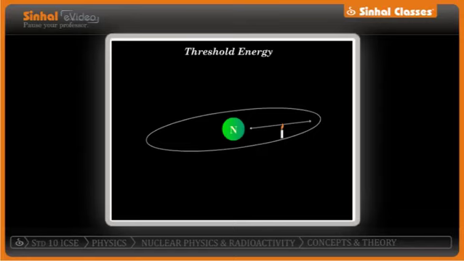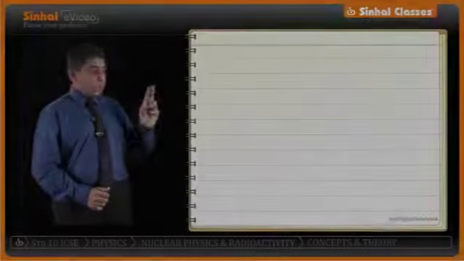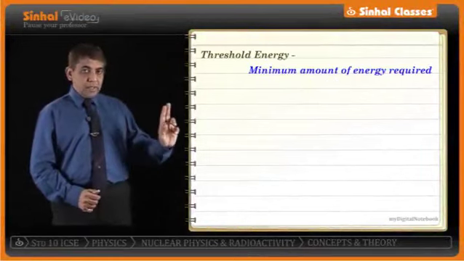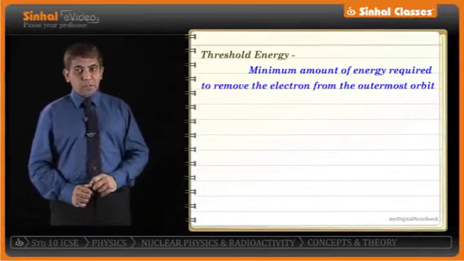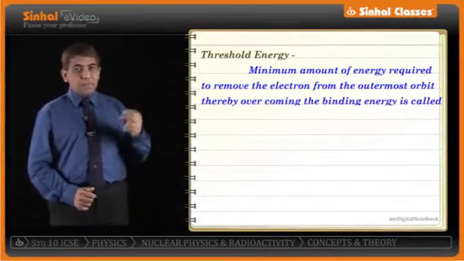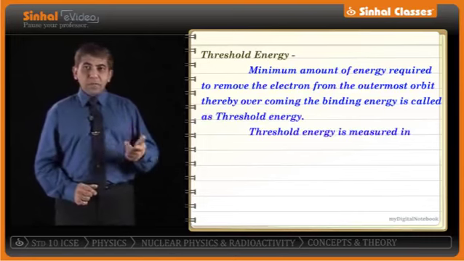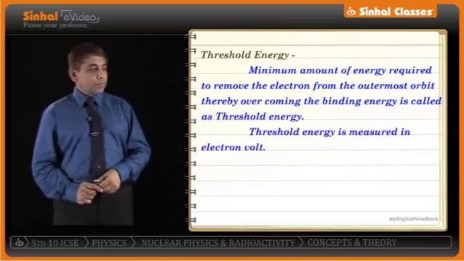The numerical value of threshold energy is always greater than binding energy. So how do we define threshold energy? Minimum amount of energy required to remove the electron from its outermost orbit, thereby overcoming the binding energy, is called threshold energy. It is also measured in electron volts.